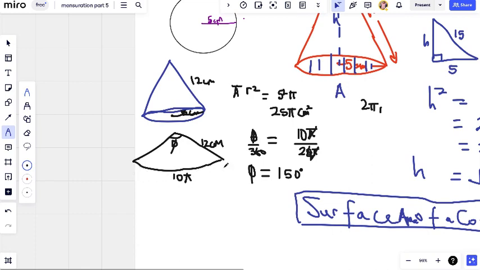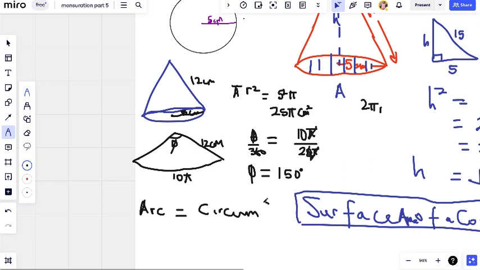We say this arc length is always equal to the base circumference. The arc length of the sector is equal to the circumference of the cone.